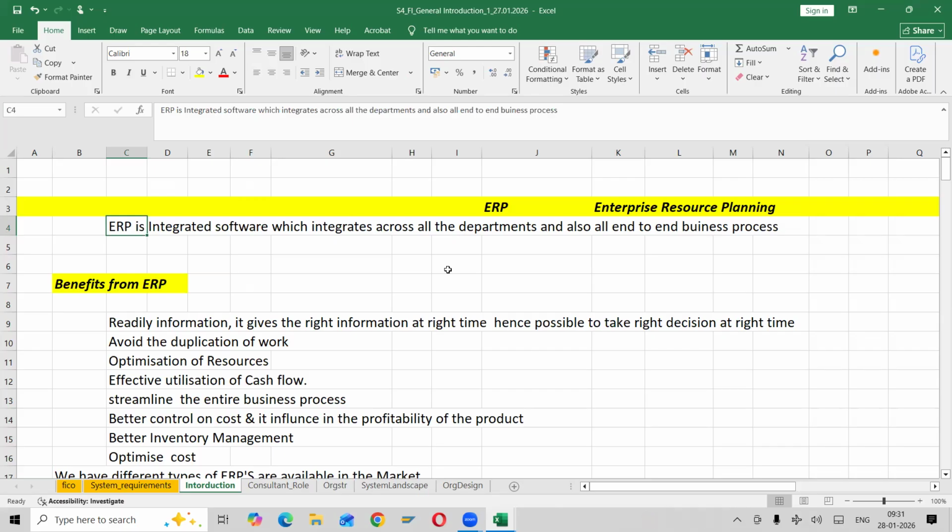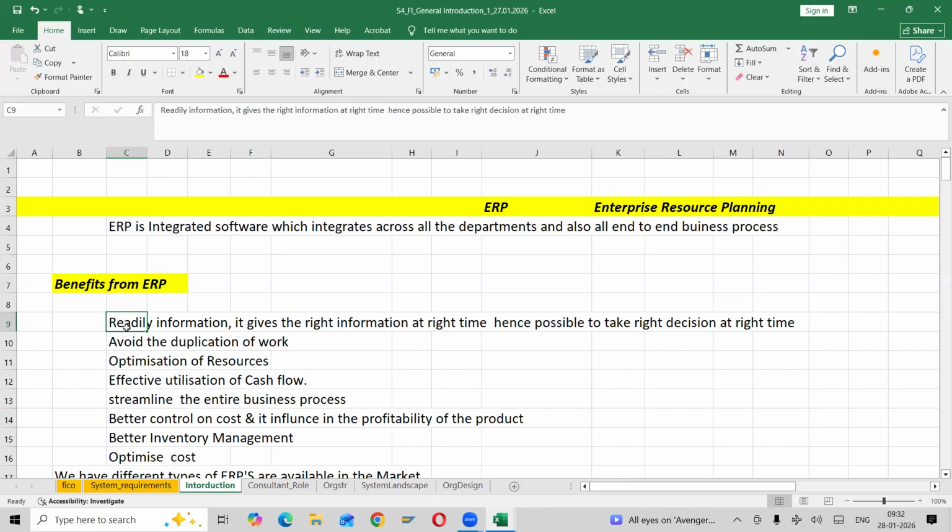The centralized system software will integrate all the departments, meaning it will make a connection and a relation to all of them. Clear? Next, what are the advantages of ERP? What are the advantages of centralized system software? We will get ready information. As I said, I need not search here and there.